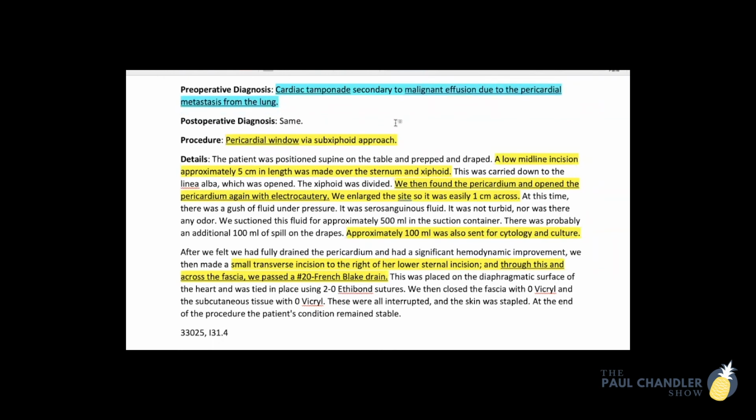So now that part's important. So then we're looking up metastasis, MET, for the malignant effusion due to the pericardial metastasis from the lung.